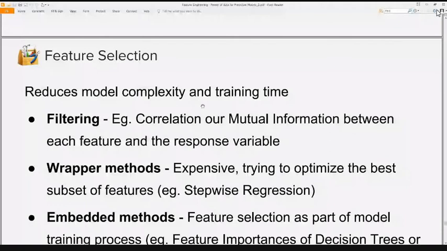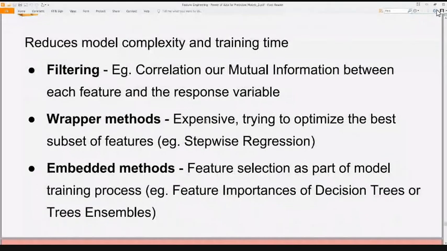When we are done, what do we do? We remove those variables which are not related to the target variable. We have wrapper methods, which use an expensive search that tries to optimize the best subset of features.